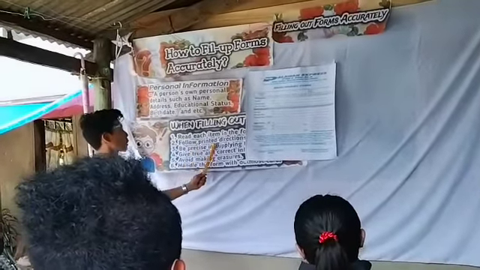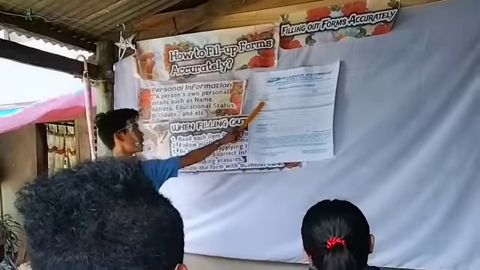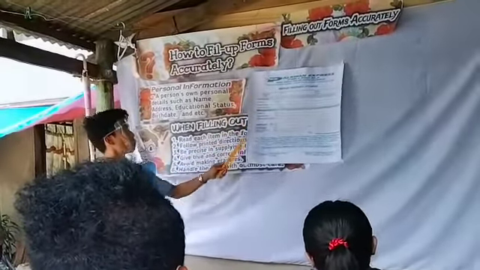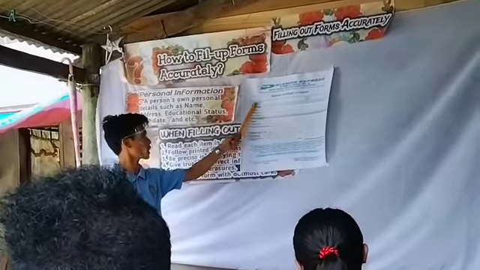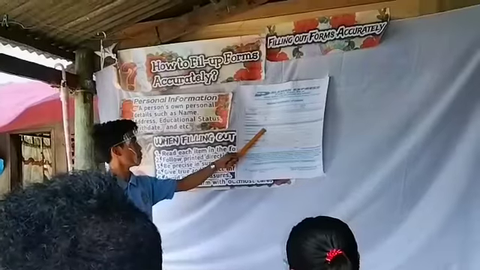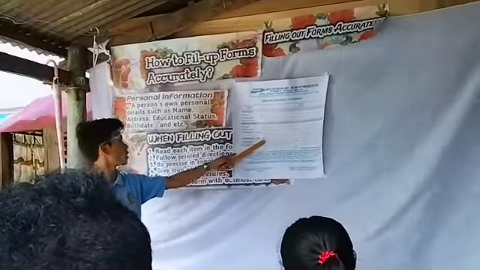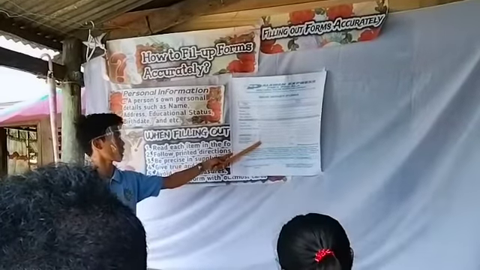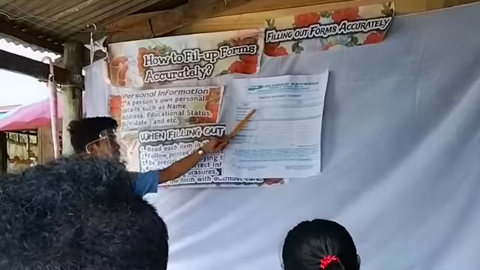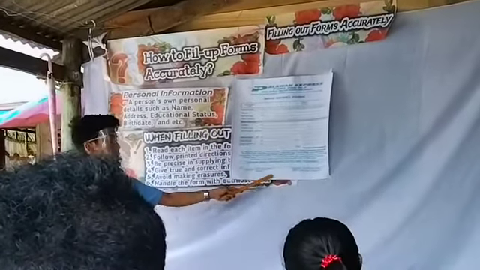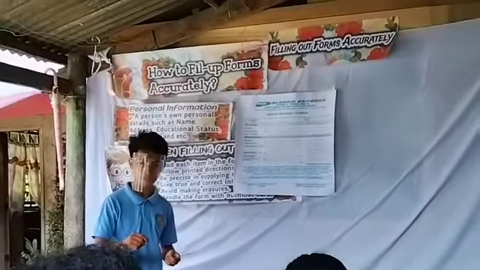And number 2, follow printed directions. What are the guides shown in the form? The text: name, mobile number, name, and amount, money, purpose of transaction, relationship of receiver, and signature over printed name. These are the things that we must fill up.